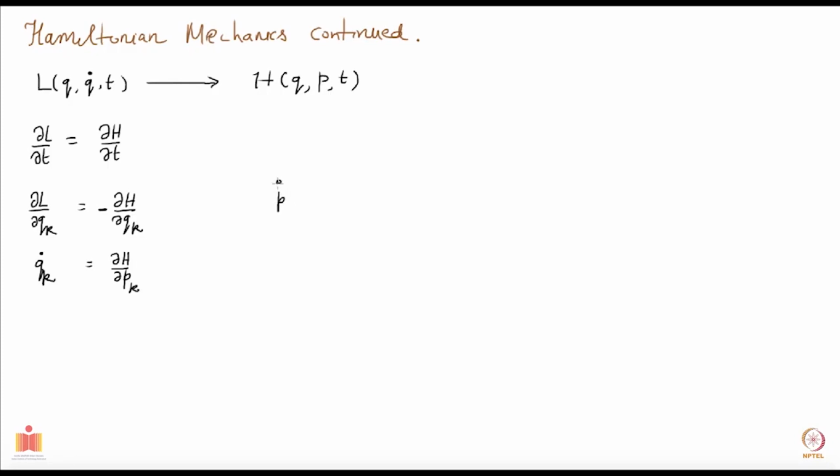If you look at the time derivative of one of the momenta, let's say Pk, then that is the same as ∂H/∂Qk, and there has to be a minus sign here. In these equations of motion, there is a minus sign.